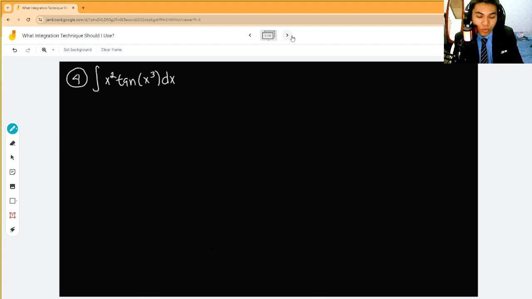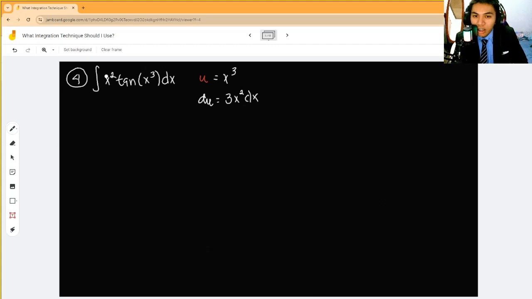Now for this one, we have the integral of x squared tangent x cubed dx. For this one, we can just do a simple u substitution, since u is equal to x cubed and du is 3x squared dx.